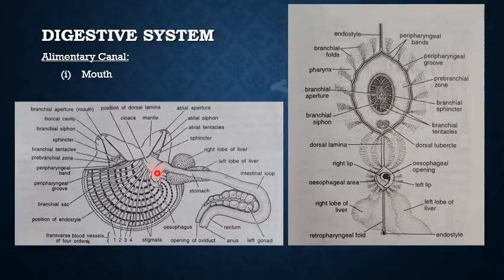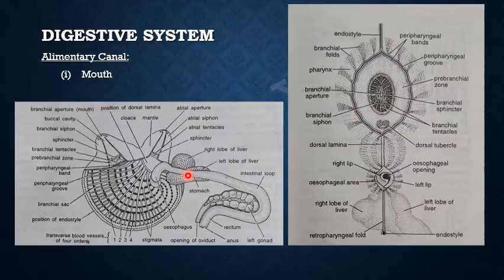The waste products coming out of the anus come into the atrial siphon, and then through the atrial aperture they come out of the body. So this was the generalized structure of the whole alimentary canal along with the digestive glands.